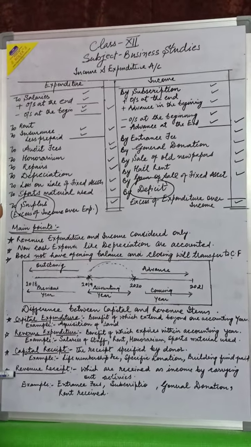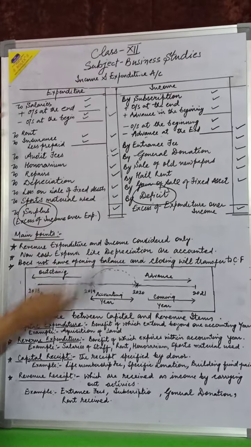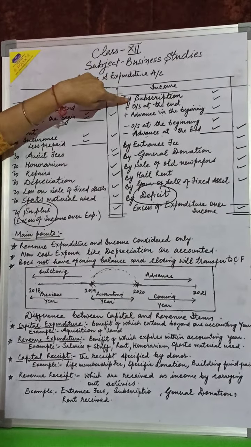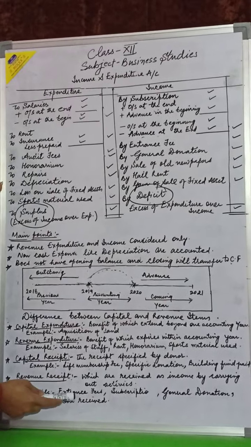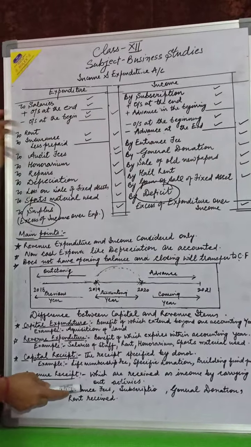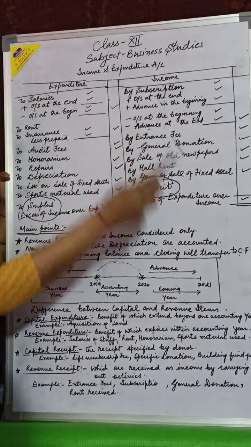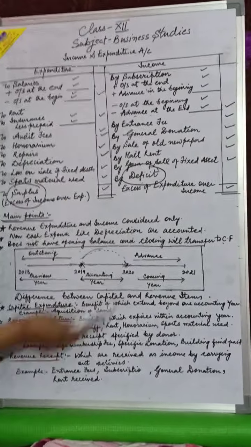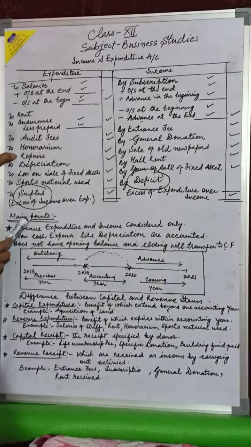Examples of revenue receipts are entrance fee and subscription. You have seen here that subscription is the source of revenue income, and the entrance fees are also given here. General donation, you can see here also, and rent received. If rent is paid, it will go to the debit side.